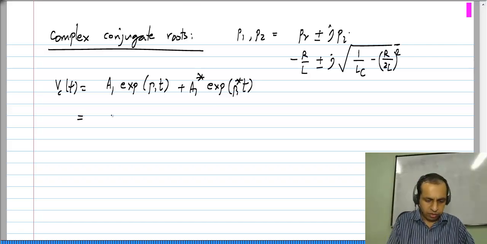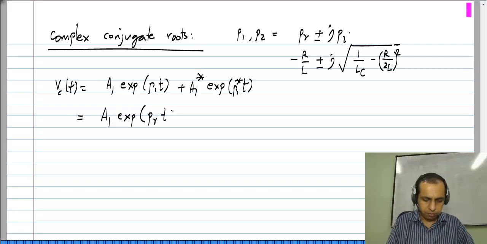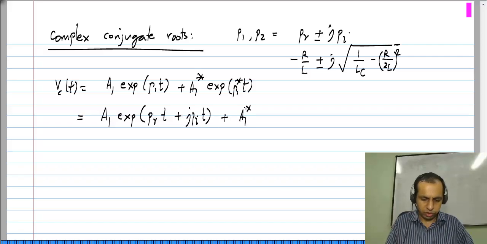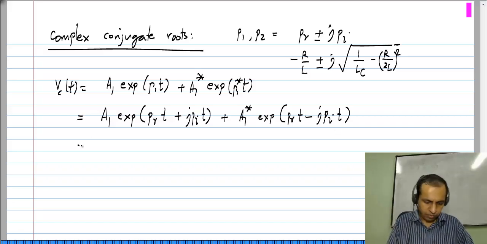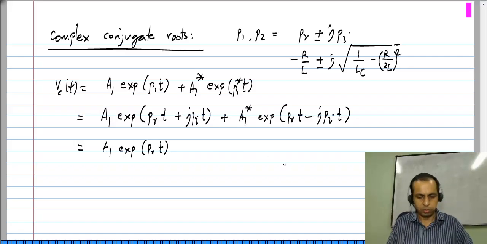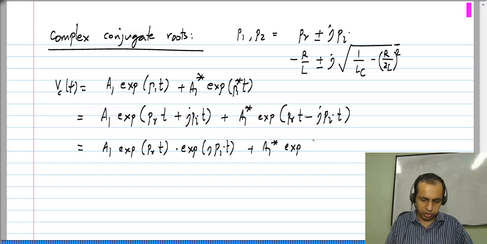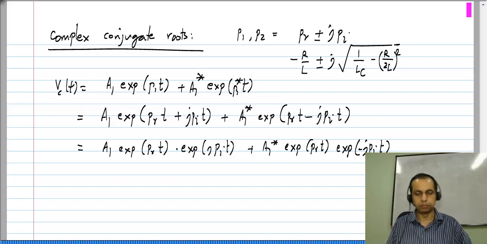Now, if I substitute the form of P1 and P2, I will have A1 exponential (PR times t plus j PI times t) plus A1 conjugate exponential (PR times t minus j PI times t), which after factoring out exponential PRt outside, we will have exponential PRt times (A1 exponential jPIt plus A1 conjugate exponential minus jPIt).